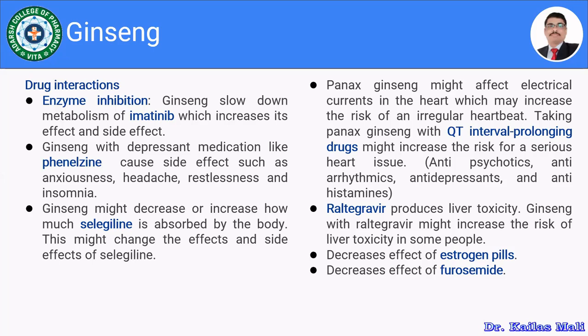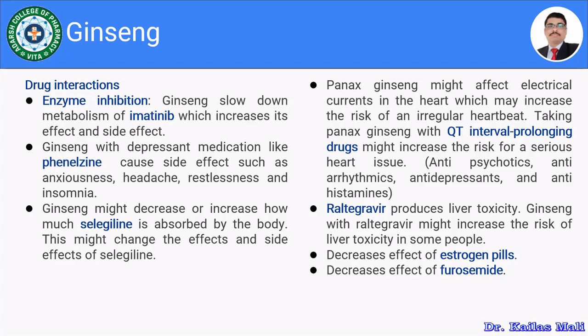Then furthermore, Panax ginseng might affect the electric current in the heart, which may increase the risk of an irregular heartbeat. So when we are consuming the ginseng product, ginseng has the ability to affect the electric currents in the heart, which may increase the chances of irregular heartbeat. So when we are combining the ginseng with the drugs which are going to interfere or which are going to prolong the QT interval, it might increase the risk of certain serious heart issues, right?